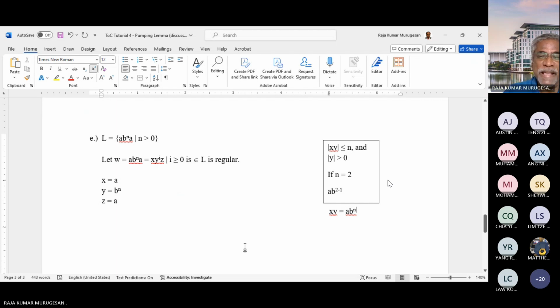Satisfies, or does not satisfy? Give a value for n as 2. If you give n as 2, what will happen? What will be your string? If n is equal to 2, what will happen to our xy?